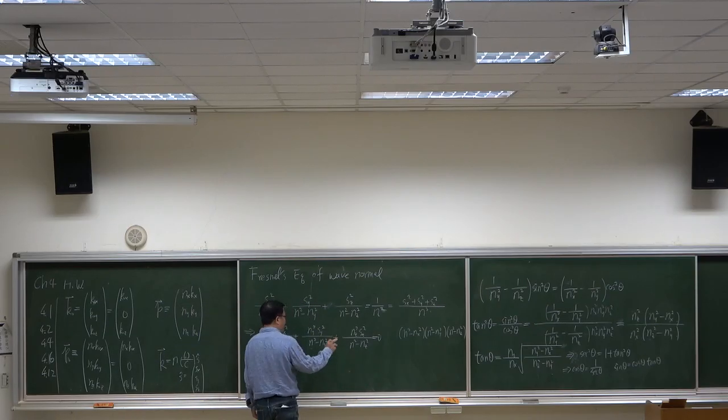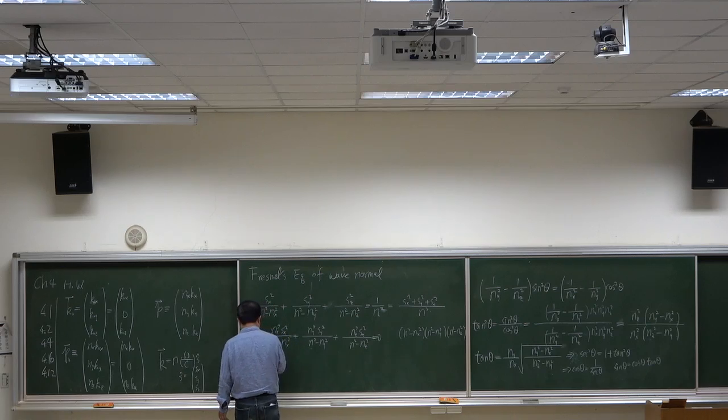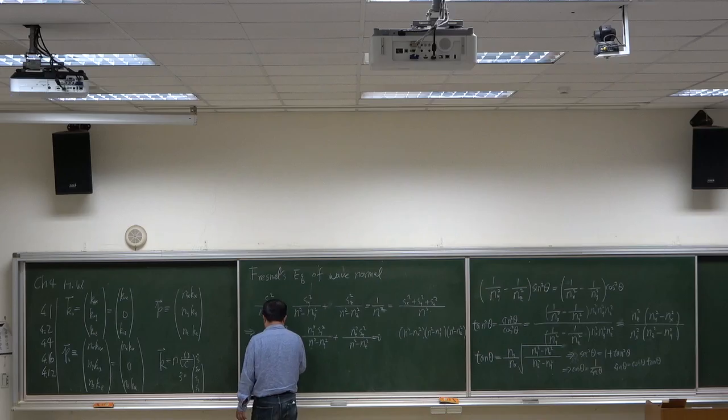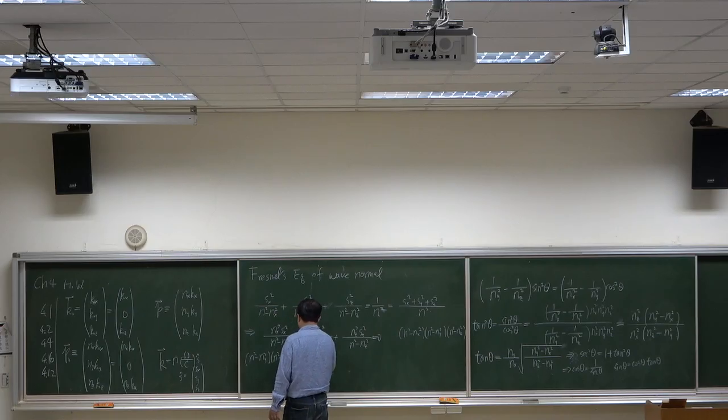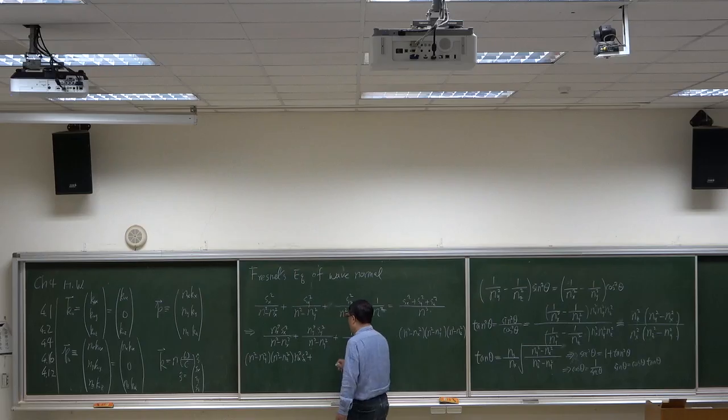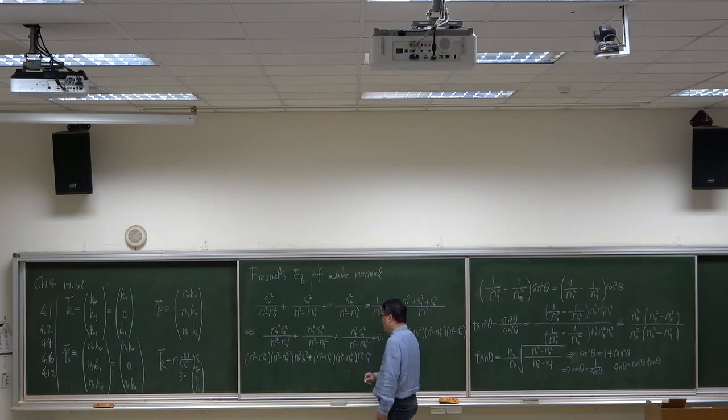They are n squared minus ny squared, n squared minus nz squared times nx squared sx squared, plus n squared minus nz squared, n squared minus nx squared, ny squared sy squared, okay?